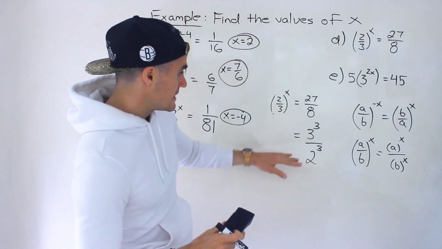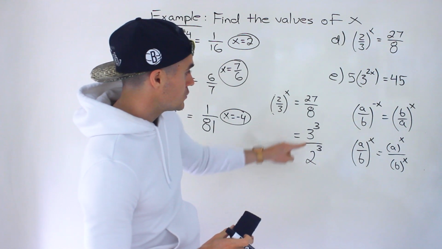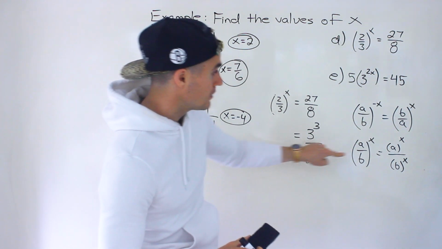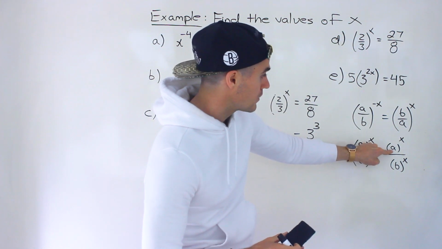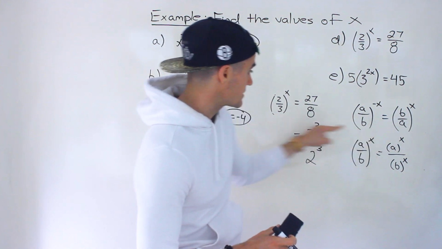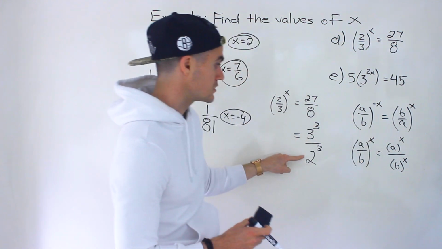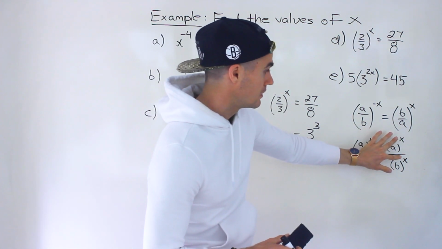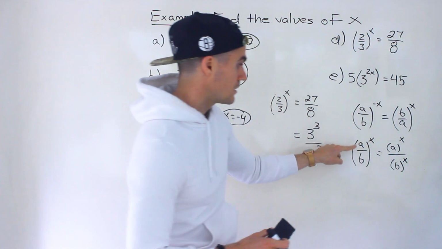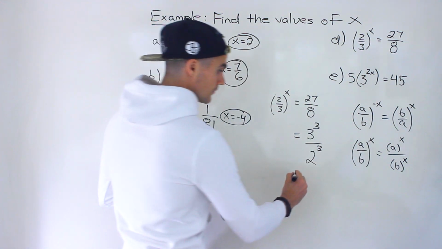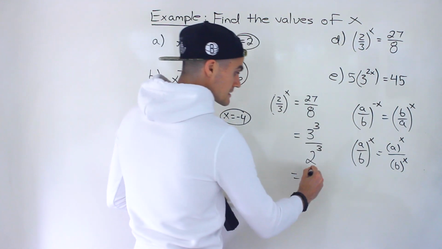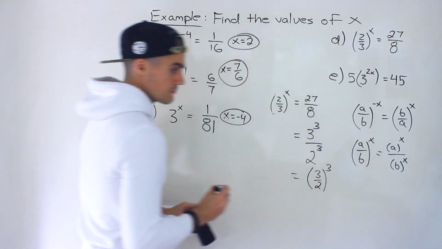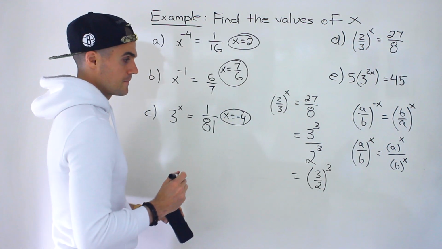And so notice in this case, what we can do, because both of these have the same exponent, the numerator and denominator, so it's in this kind of format, where the a is like the 3, the x is the 3, and then the b is like the 2. We have that same exponent. We could take it out of the numerator and denominator. And so we could rewrite this as 3/2 to the power of 3, like that.